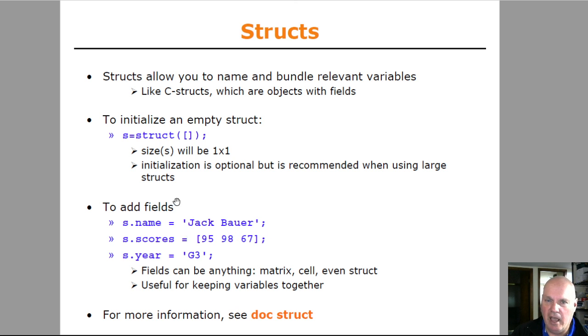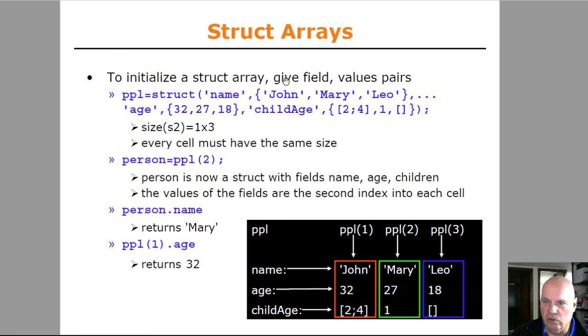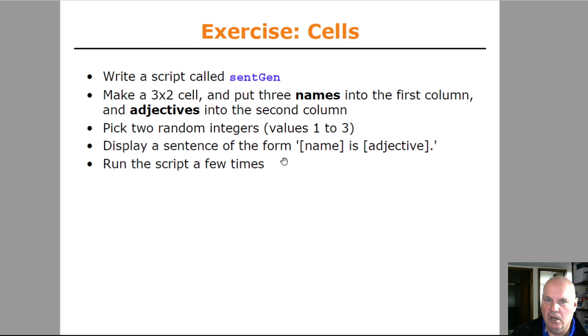You can actually have arrays of structs. So again, another application would be something like a phone book, where you have a name and the corresponding phone number or social security number for each of the elements in the struct array. And I think that's when structs become much more useful, when you work with struct arrays.